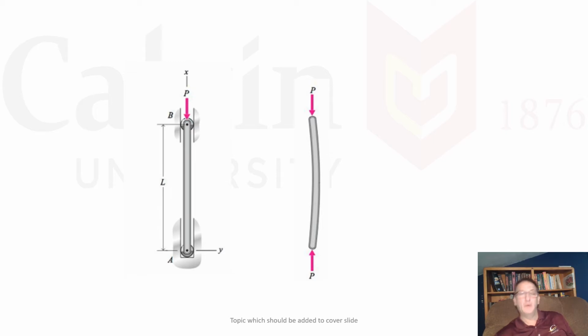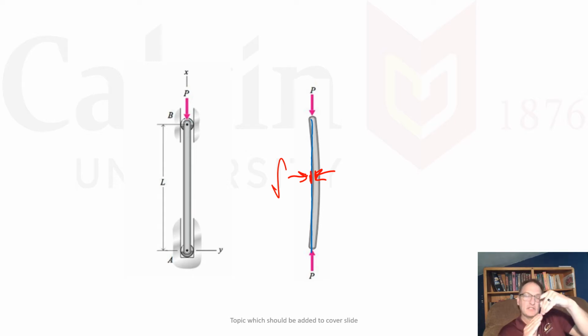Well, when we do that, we get that little bit of flex. If I drew a straight line, you can see there's a little deflection there from there to there. That distance is delta.